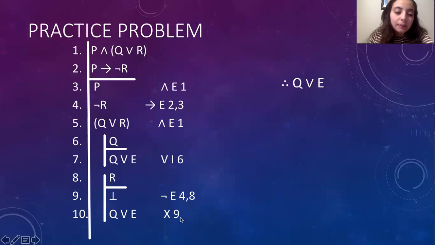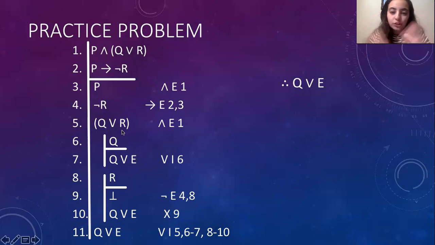That's exactly what happened in this proof. And so now that I have both sides, I can put down Q or E using line 5, because that's where the first disjunction was, and then these two subproofs from line 6 through 7 and 8 through 10. And I'm good to go.